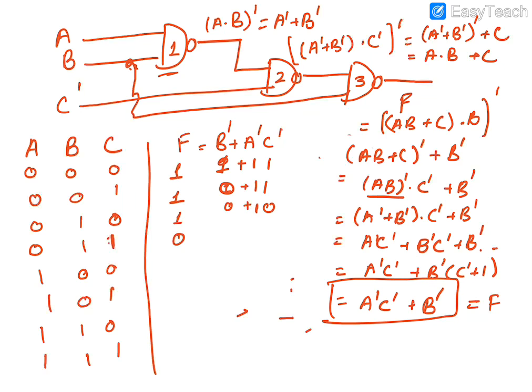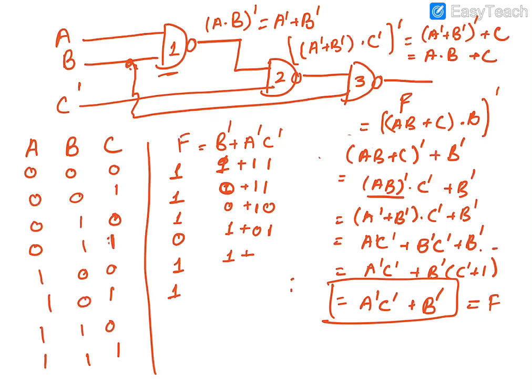So F is equal to 0 0 plus 0, equal to 0. Now for 1 0 0, B prime is 1 and A prime, C prime is 0 1, so again we have output equal to 1. For 1 0 1, again B prime is 1, so the output will be equal to 1.